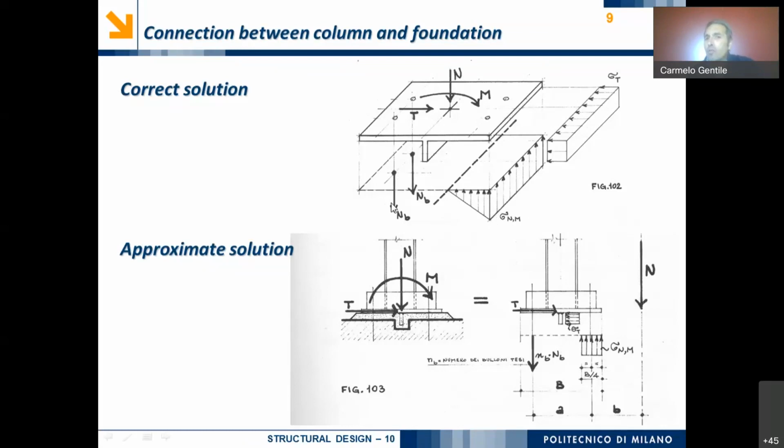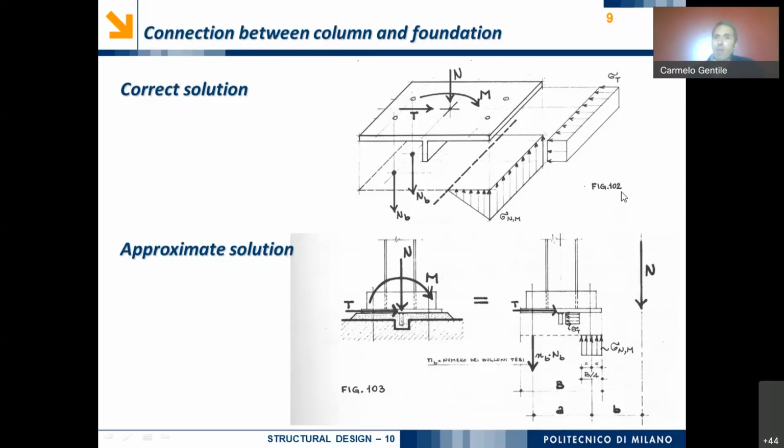But also the stress in the bolt will be proportional to the Young's modulus of the steel, because the bolt is made of steel. And we know that the Young's modulus of the steel is much larger than the Young's modulus of the reinforced concrete.